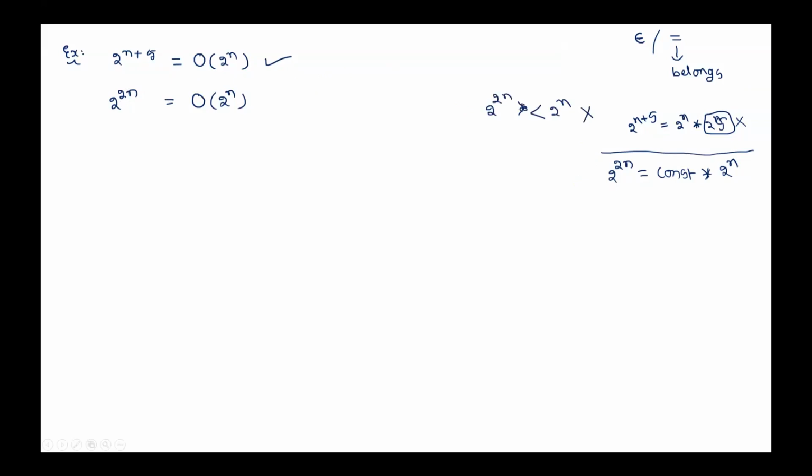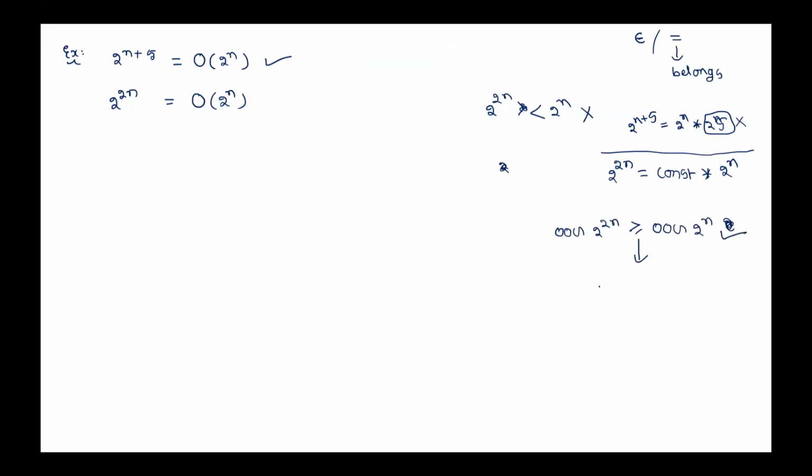We know that the order of growth of 2 power 2n is greater than or equal to the order of growth of 2 power n. This is definitely true, but whether it is equal or not is the question now.